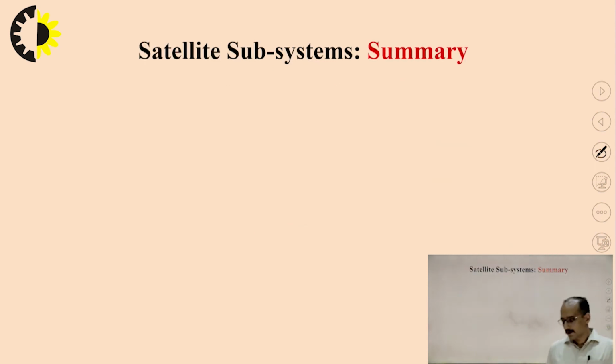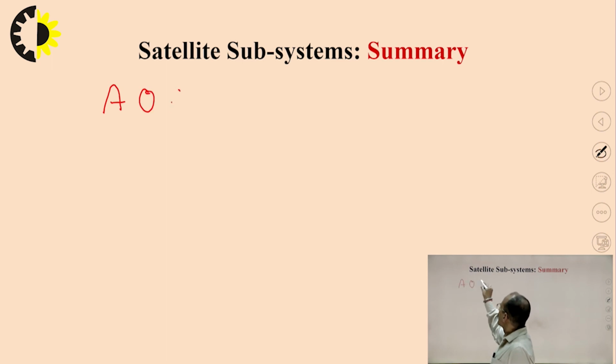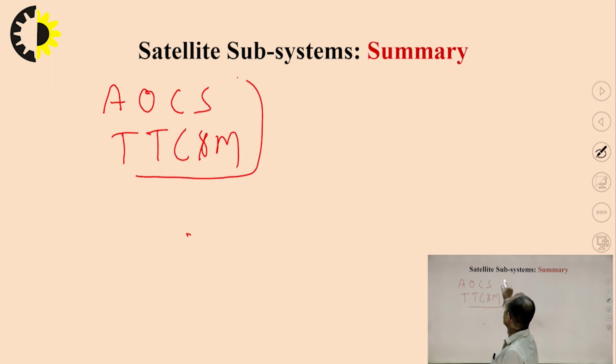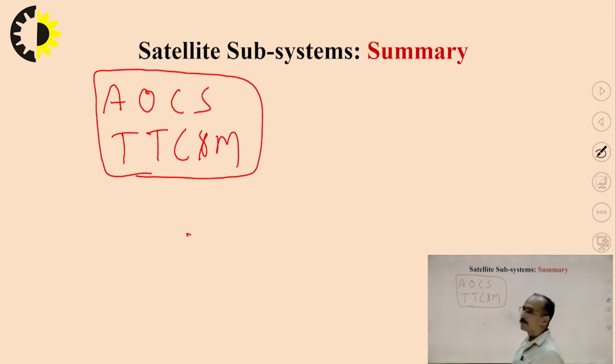So after this, we have come to the end of the subsystems, and I am giving you a summary so that in combination you can understand these two subsystems as a group, AOCS and TTCM.